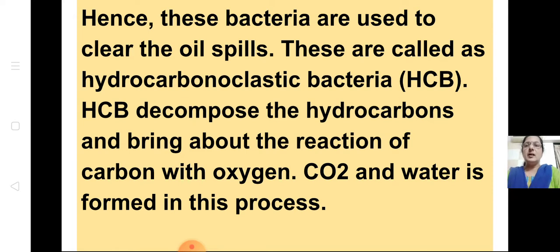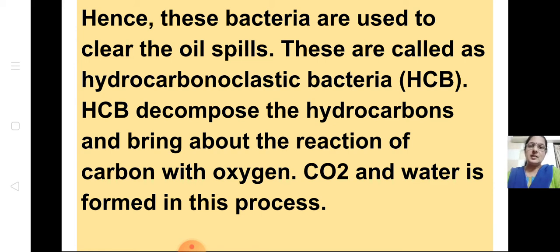These are called hydrocarbonoclastic bacteria. What is HCB? HCB means hydrocarbonoclastic bacteria. This HCB decomposes the hydrocarbons present in the oil and brings about the reaction of carbon and oxygen. Then carbon dioxide and water are formed in this process.